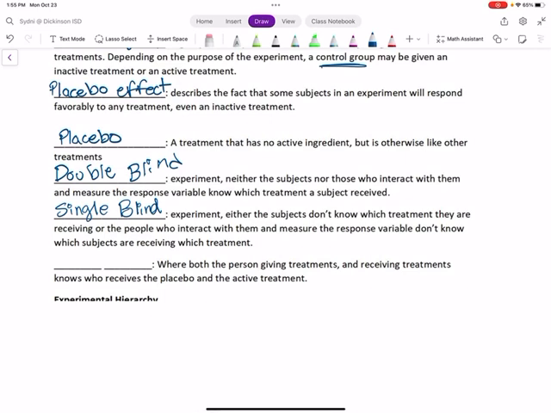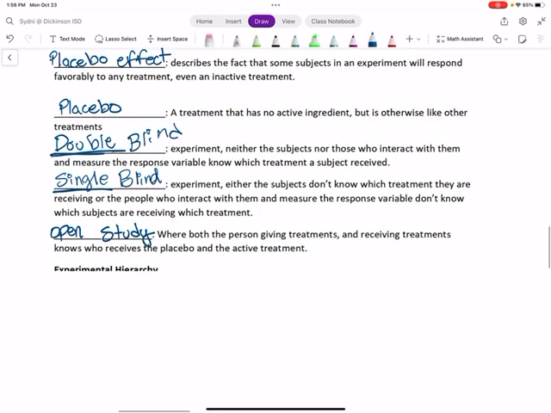So this is whenever one person doesn't know, and you can figure that out because this says single and the other one says double. Now, there is a situation in which both people know. The people giving the treatment and the people receiving the treatment know who is getting what, and that is called an open study. So in an open study, there are no closed doors. Everybody knows everything, and that is it.